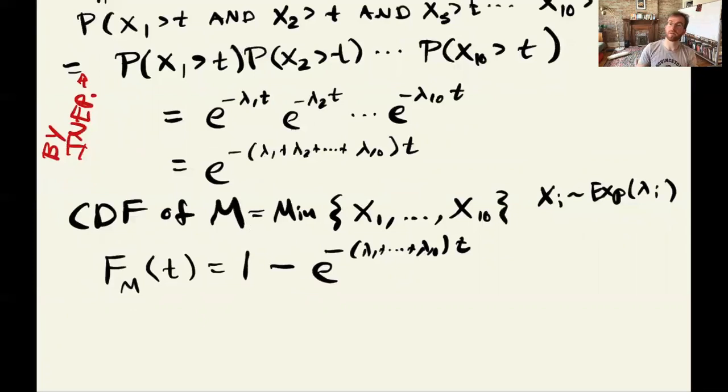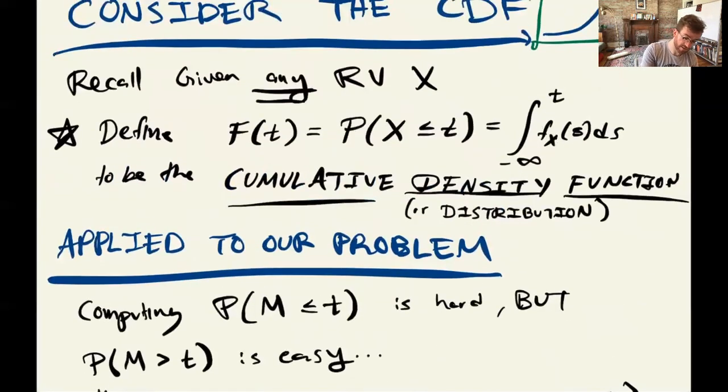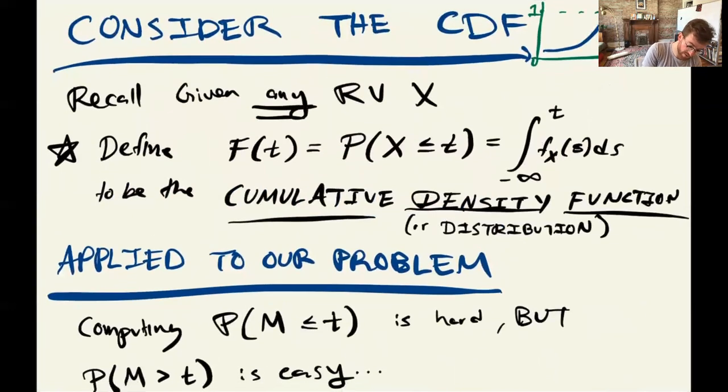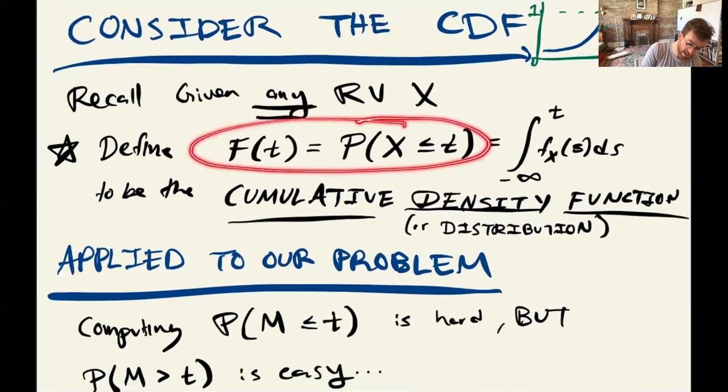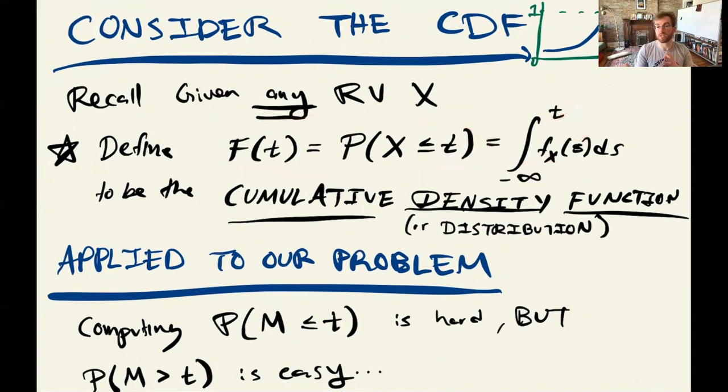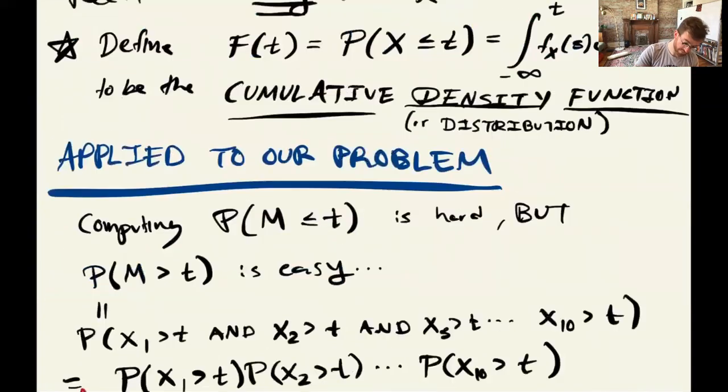And by the fundamental theorem of calculus, I know that I can recover the PDF, because that's what sits inside the integrand here. So if I differentiate capital F of t, I'll obtain little f. This just expresses the idea that integration and differentiation are inverse to one another. So if you have integrated something, but you want to undo the integration process to get the function that you were integrating, you could just differentiate.